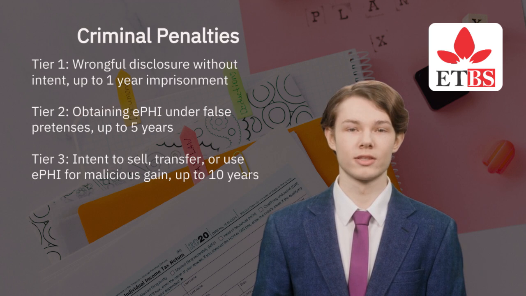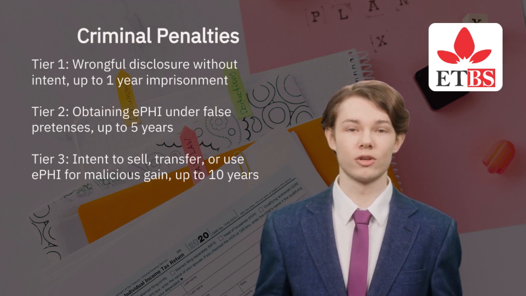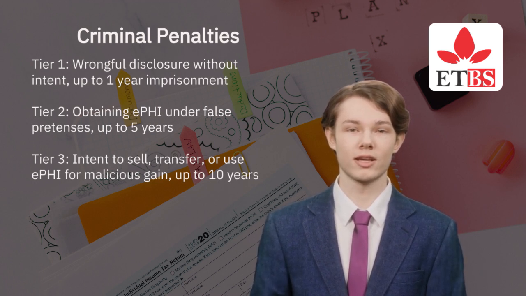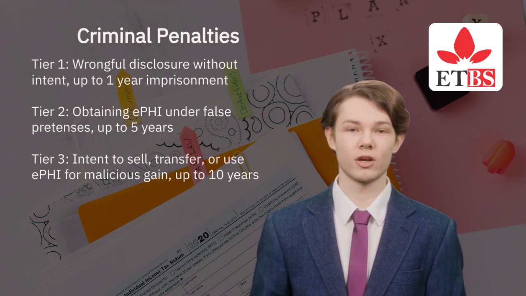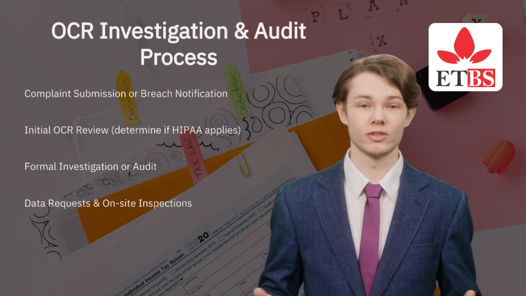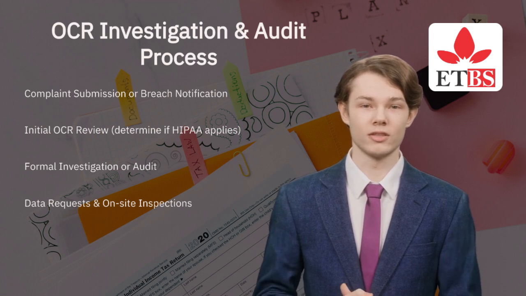Tier 3. Intent to sell, transfer, or use EPHI for malicious gain, up to 10 years. Recent criminal convictions include former employees accessing celebrity records, unauthorized data transfers to identity theft rings, and providers selling EPHI to telemarketing firms.